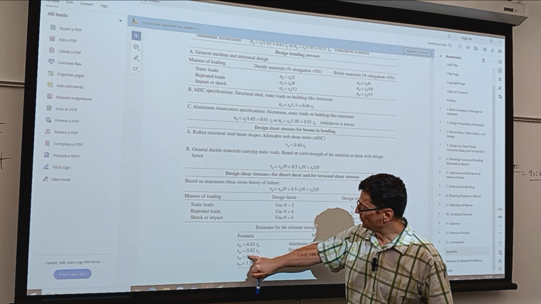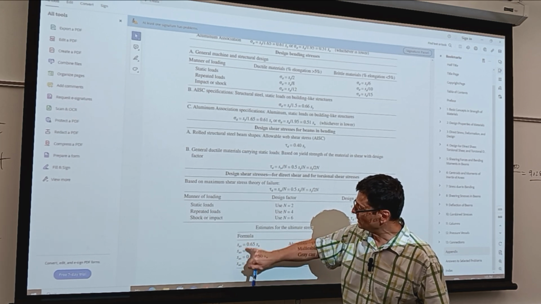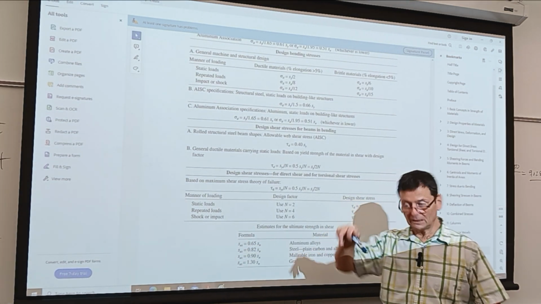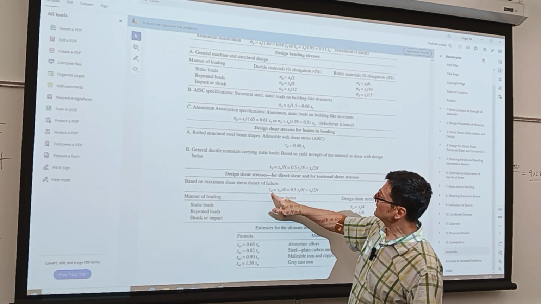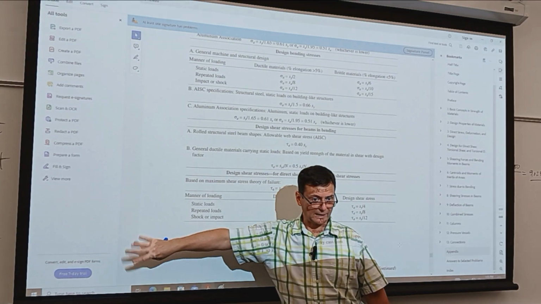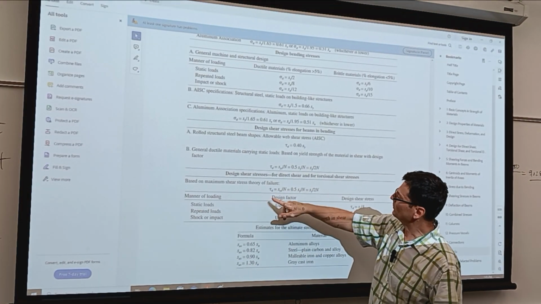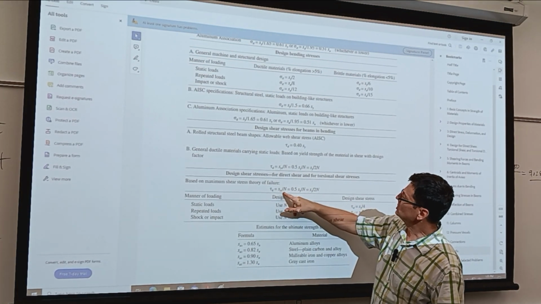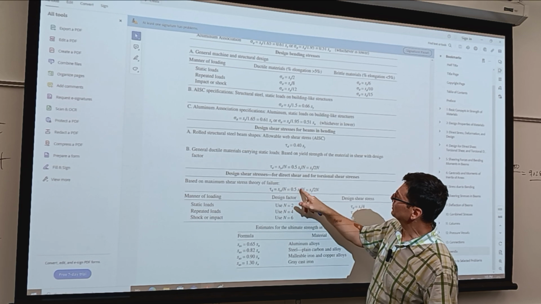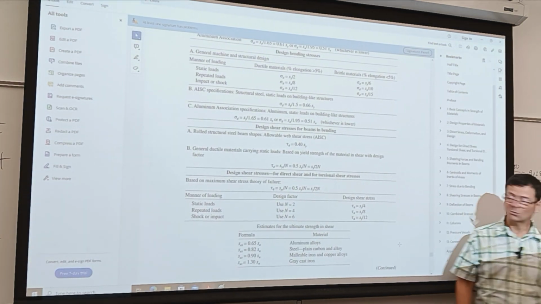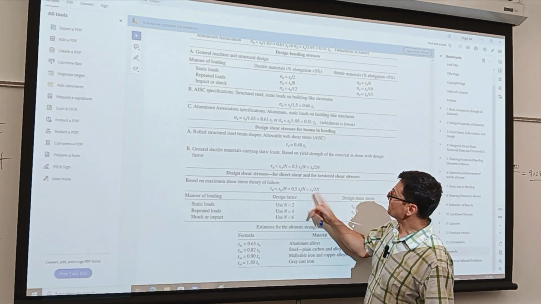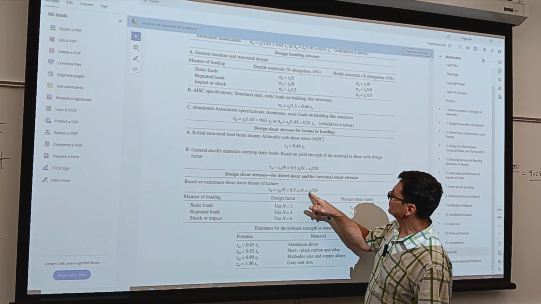Ultimate strength in shear, or ultimate strength. Again, these are approximations. They should have the wavy equal sign. And then there's this other equation. So design stress in shear, like we did the last part for the problem on the board, and yield strength in shear. And you can see yield strength in shear is approximately 0.5 of yield strength in tension. Okay. Or you move this below, so you divide by 2.